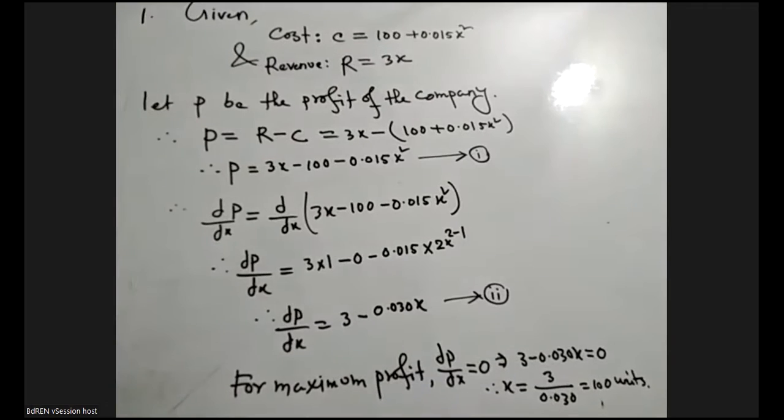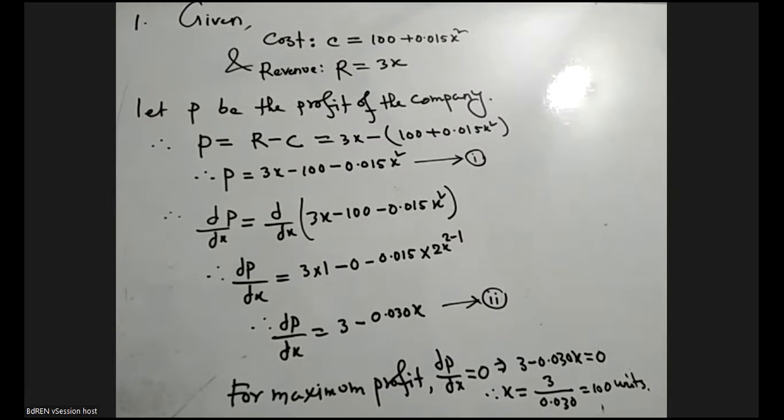100 units will be produced and sold. So first derivatives. Now we have to test whether it is maximum or minimum.